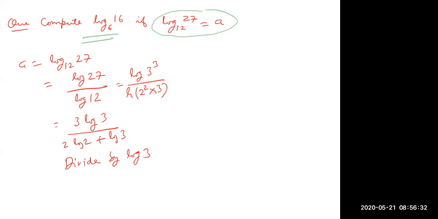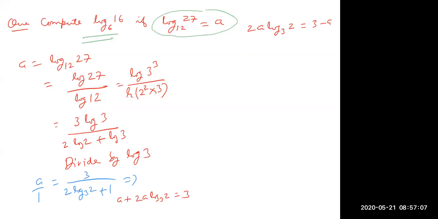See, when I'm dividing by log 3, so what I will get? 3 upon 2 log 2 upon log 3. You can write log 3 2 plus 1. a is equal to a. So if you cross multiply, this will give you a plus 2a log 3 2 is equal to 3. So from here you will get 2a log 3 2 is equal to 3 minus a.